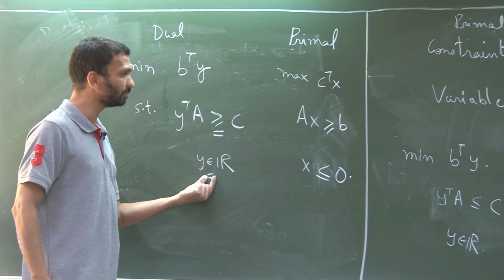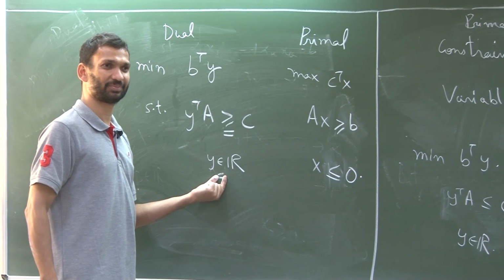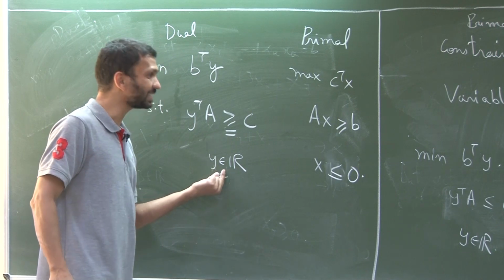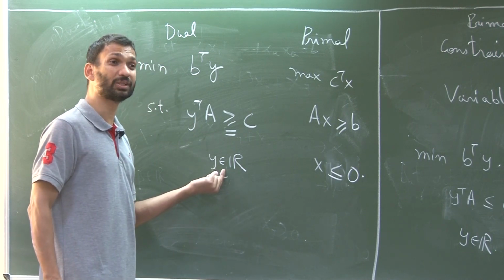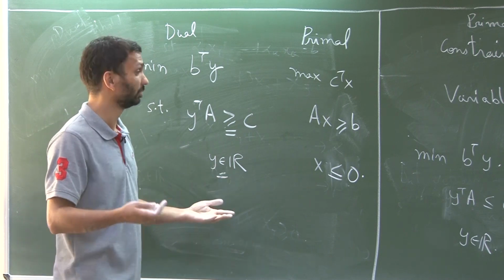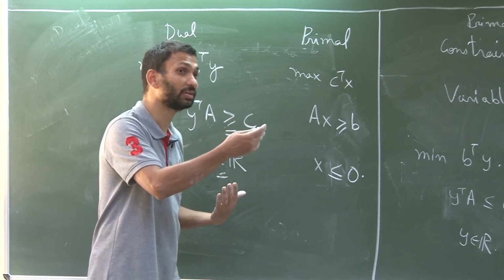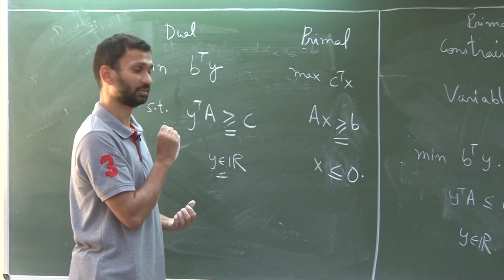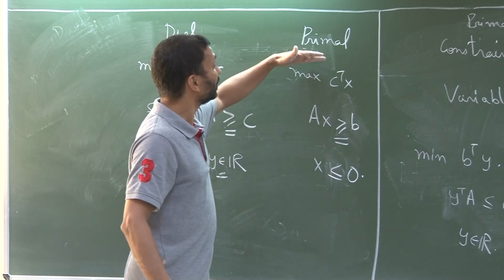First, let's try to fix up the sign here. So if I want the sign here, that will depend on the sign of the constraint, this side. I want an upper bound.